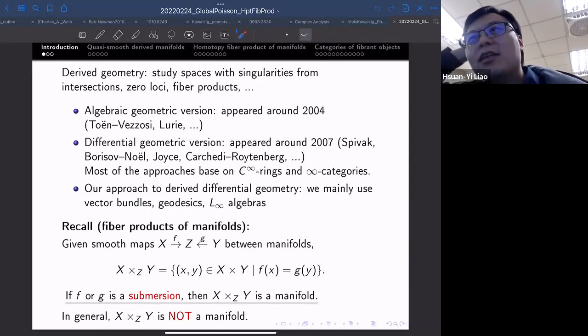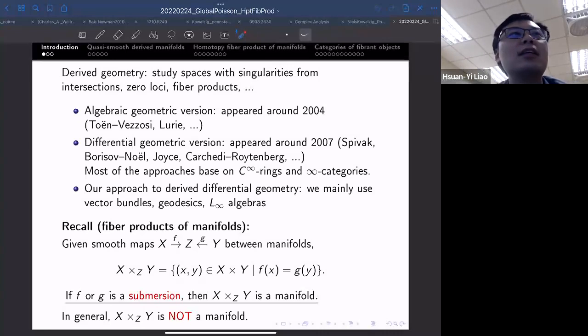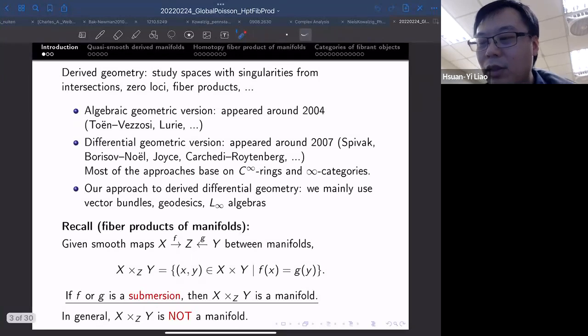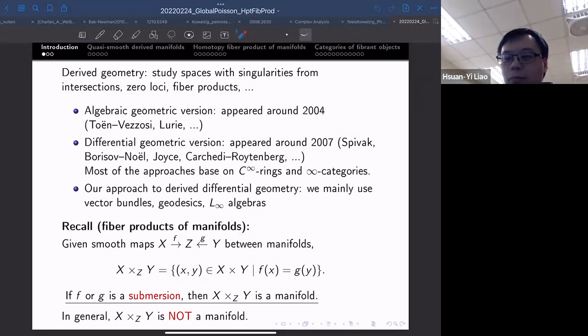Basically, derived geometry is concerned with spaces with singularities. There are an algebraic geometry version and a differential geometric version. The algebraic geometry version appeared a little bit earlier than the differential geometry version.